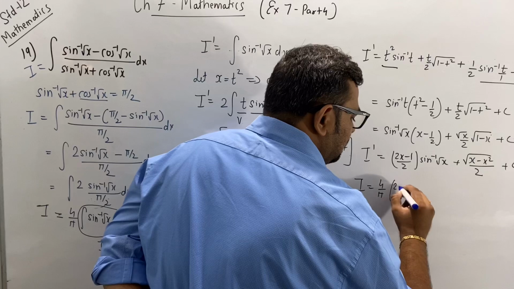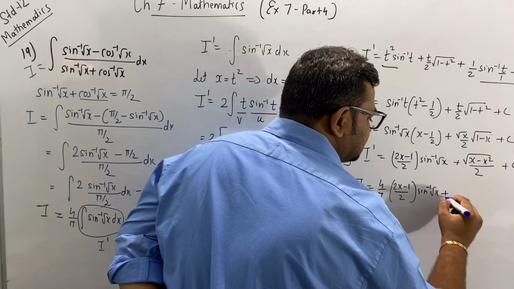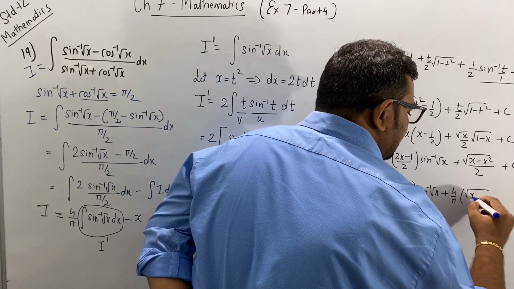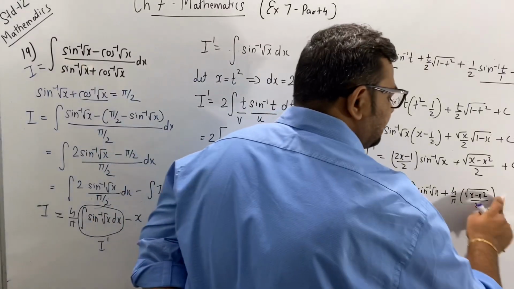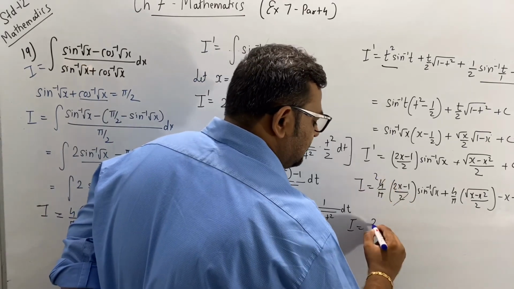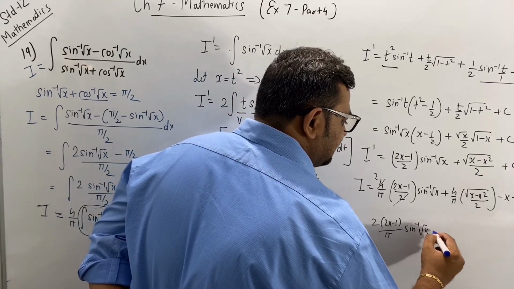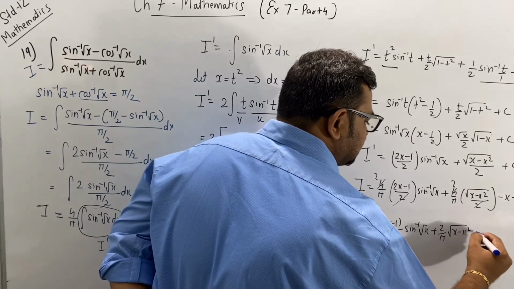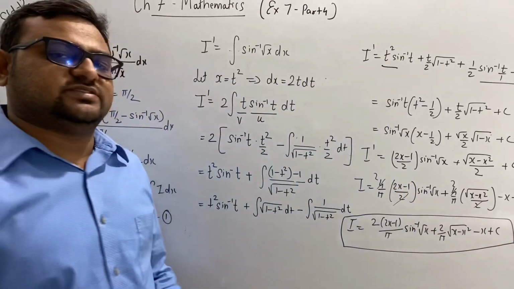So into (2x minus 1) by 2 sine inverse root x plus again multiply this also 4 by pi, root of x minus x square by 2, minus x plus c. So I will be equal to, it will get cancelled, 2 into (2x minus 1) by pi sine inverse root x plus 2 by pi root of x minus x square, minus x plus c.